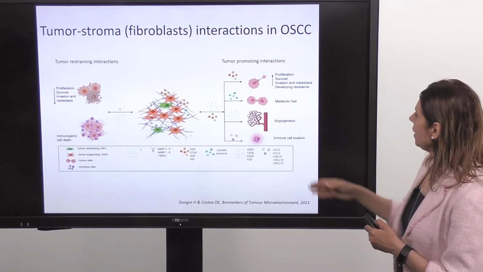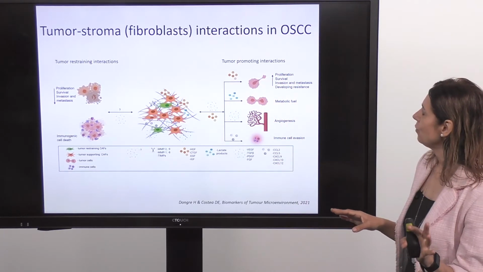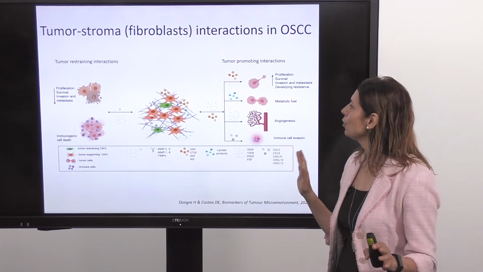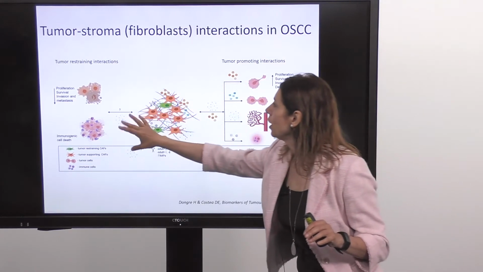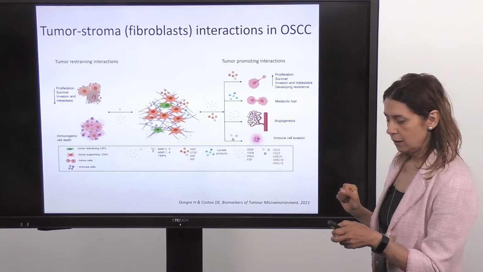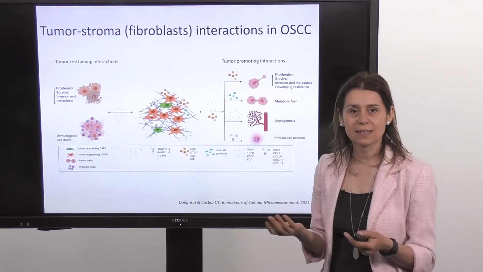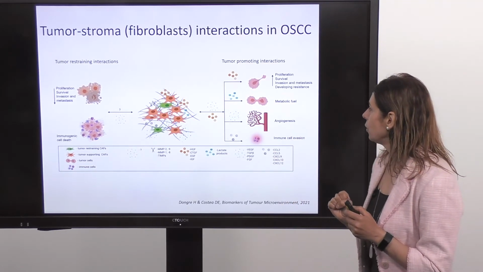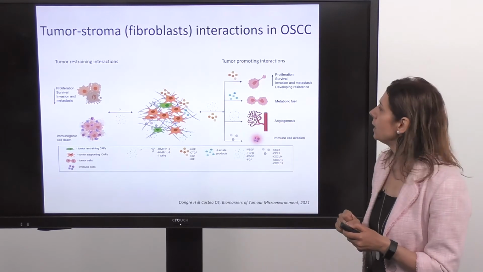So I took you through the direct interactions between the cancer-associated fibroblasts and cancer cells, showing some evidence for either supportive or restraining tumor stroma interactions. But cancer-associated fibroblasts also interact with other cells in the tumor microenvironment. So for example, they can interact with the endothelial cells.